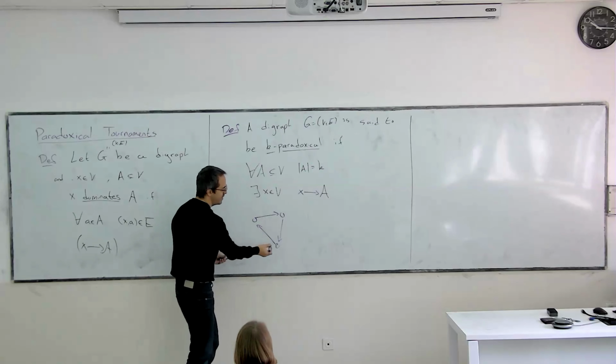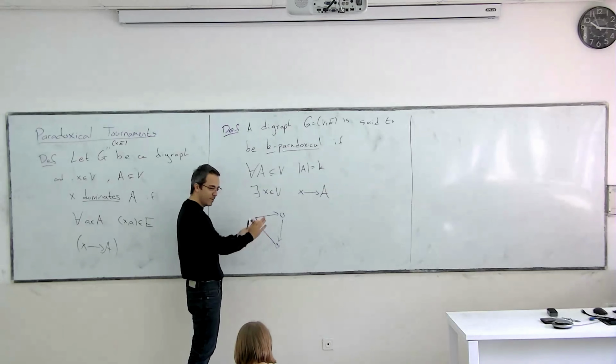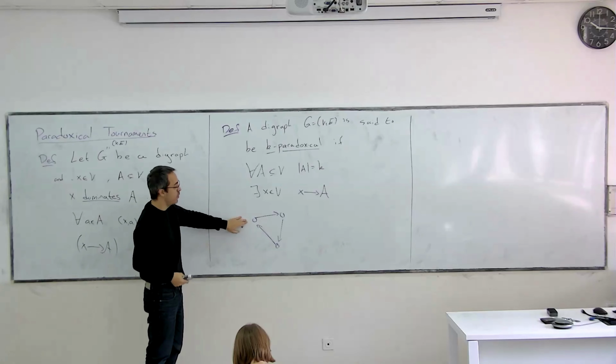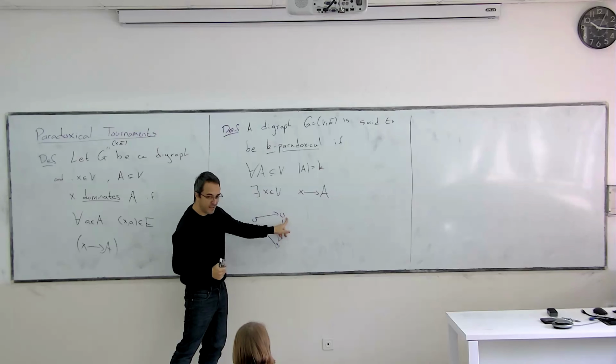There is no Magnus Carlsen here. Everyone is beaten by someone, you see. So this is rock, paper, scissors. It's a one-paradoxical graph because for every vertex in the set A, which is a singleton, there is some vertex, the one preceding it in this order, which dominates it. So it's slightly paradoxical, right?